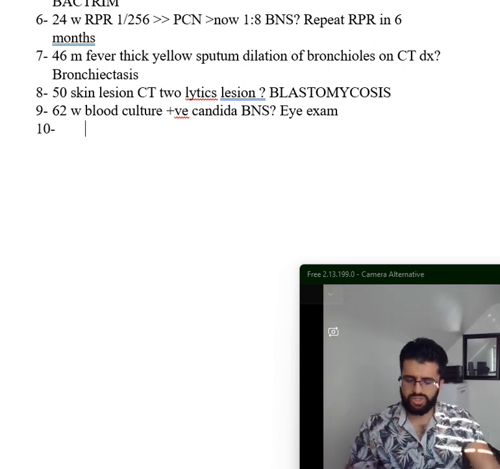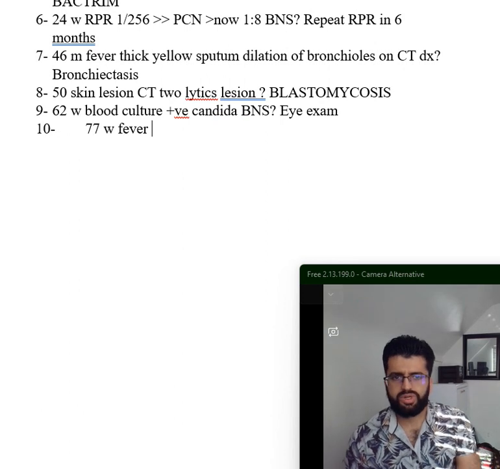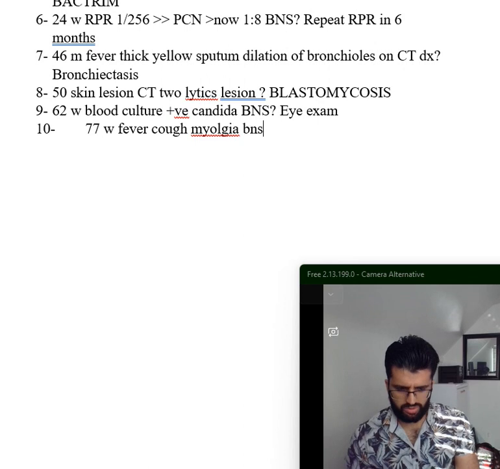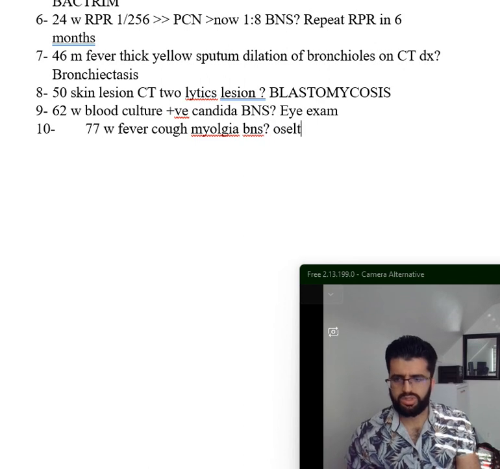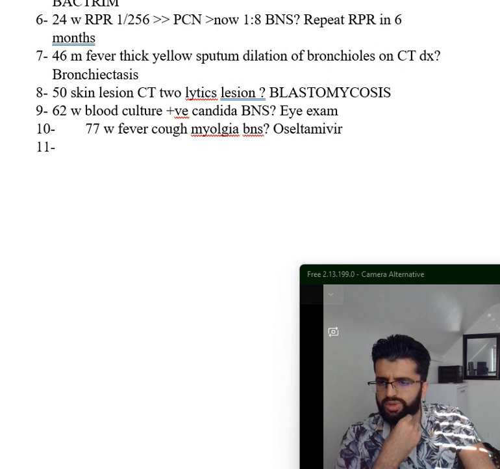Now you have this patient, a 77-year-old woman, who came in with fever, cough, myalgia, which are flu symptoms, and they ask what's the best next step. You give oseltamivir, which we know as Tamiflu.